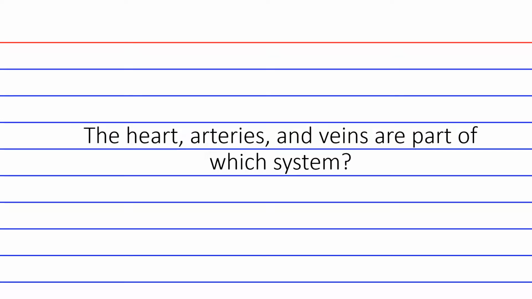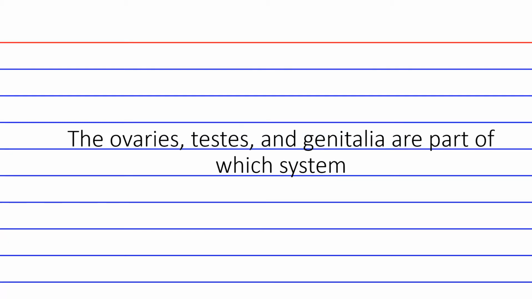The heart, arteries, and veins are part of which system? The answer is the circulatory system. The ovaries, testes, and genitalia are part of which system? The answer is the reproductive system.